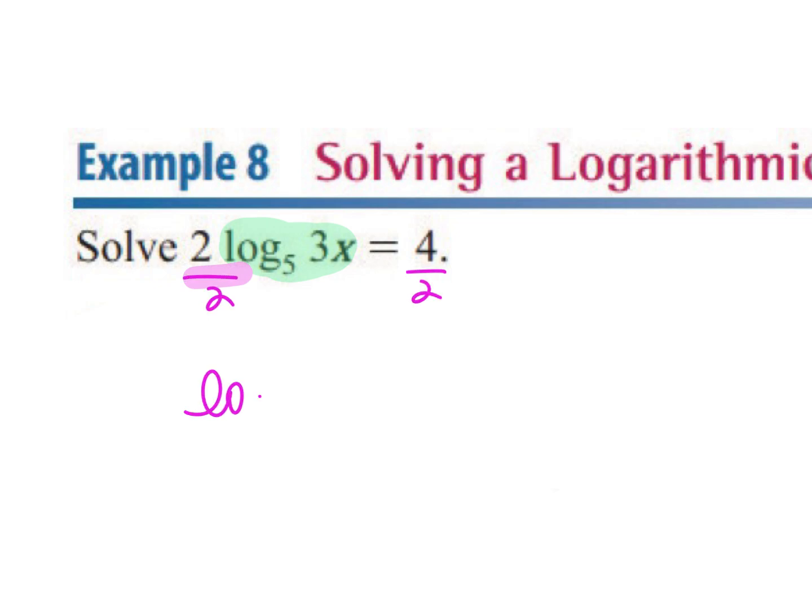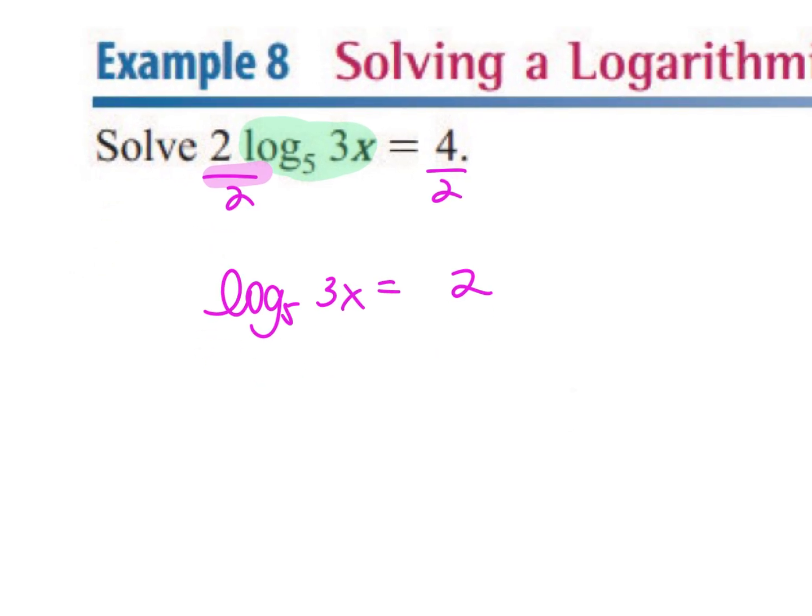So I have log 5 of 3x equals 2. So we just went through this in our minds. What is the opposite of log little 5? Big 5. So I'm going to put a big 5 here, and this goes in the exponent. And what you do to one side, you do where? To the other. So I put a big 5, and what's my exponent? 2.